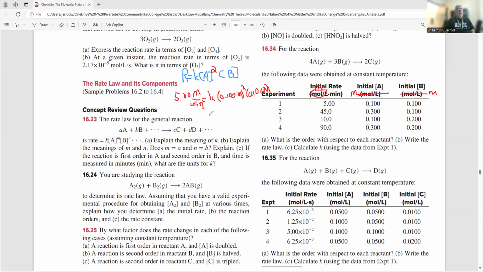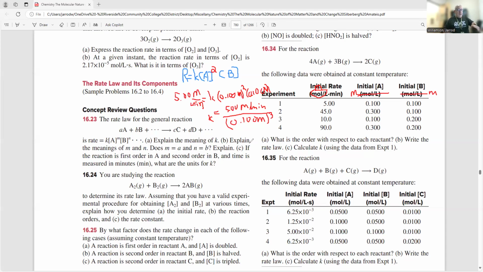So if I do that, I'm going to have K is going to be 5 molarity per minute over 0.1 molarity, entire thing cubed.